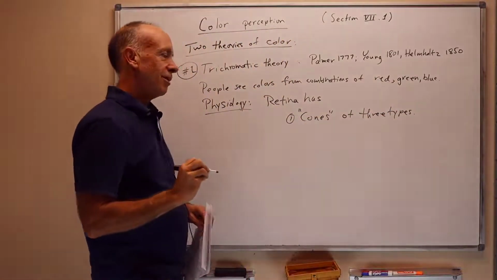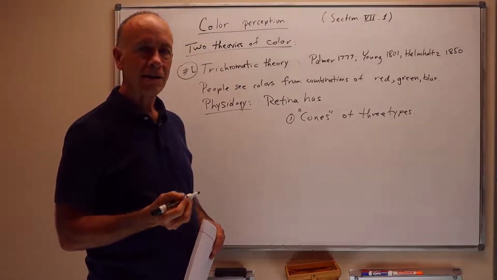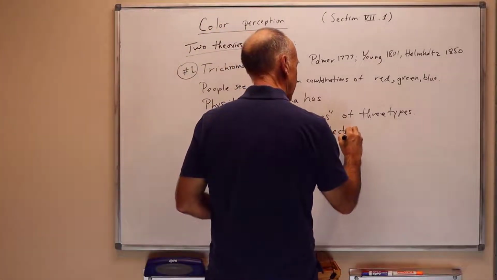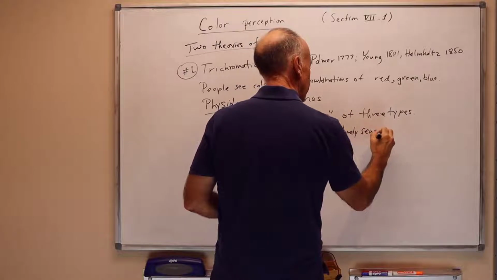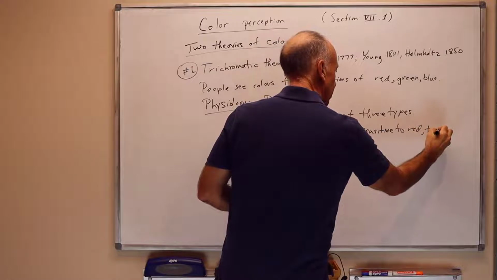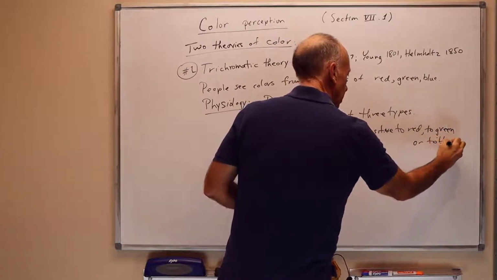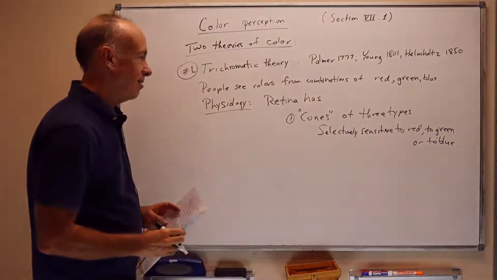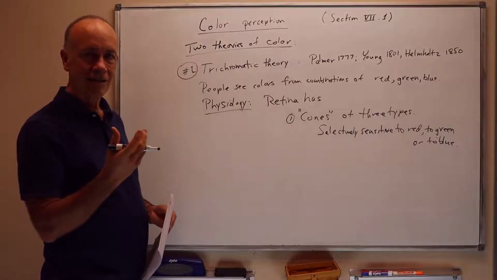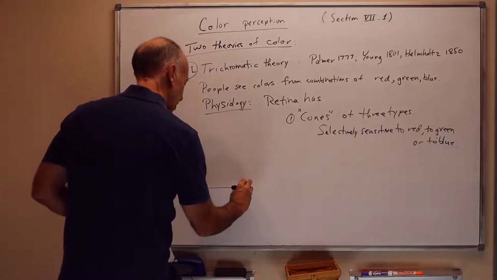One type is selectively sensitive to reddish colors, one type is selectively sensitive to green colors, and the third type is selectively sensitive to blue colors. And when I say selectively sensitive, it's not like pure red or pure green or pure blue. It's just selectively sensitive to, so the cones that are selective to red are going to be more selective to wavelengths of light that are around red.